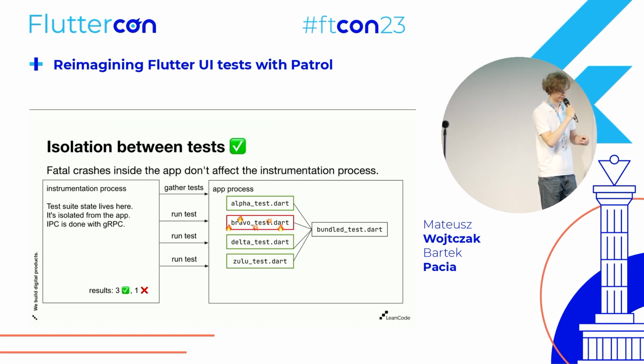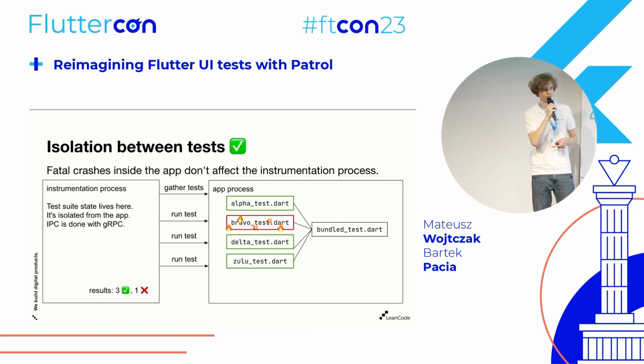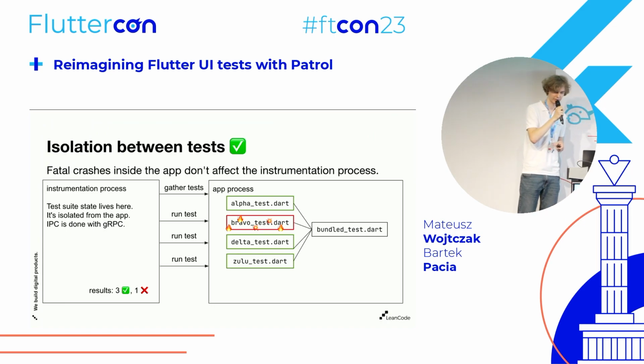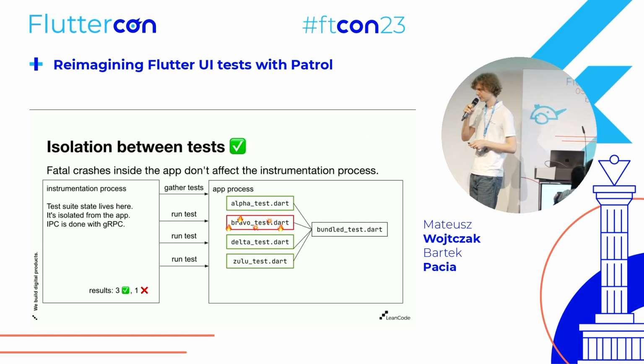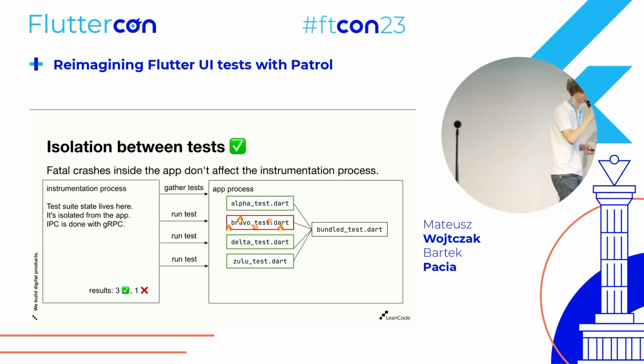But all state of the test suite lives inside the instrumentation process, and that involved quite a lot of playing with native automation tooling like XCUITest, UI Automator and Android Test Orchestrator. Unfortunately, I don't have enough time to talk about this right now, but I have written quite a lengthy article. It's available on the LeanCode blog, so I invite you to check it out.